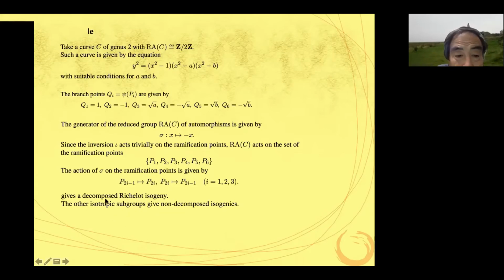And this one gives a decomposed Richelot isogeny, as I said. I already showed the example. And the other isotropic subgroups give non-decomposed isogenies.